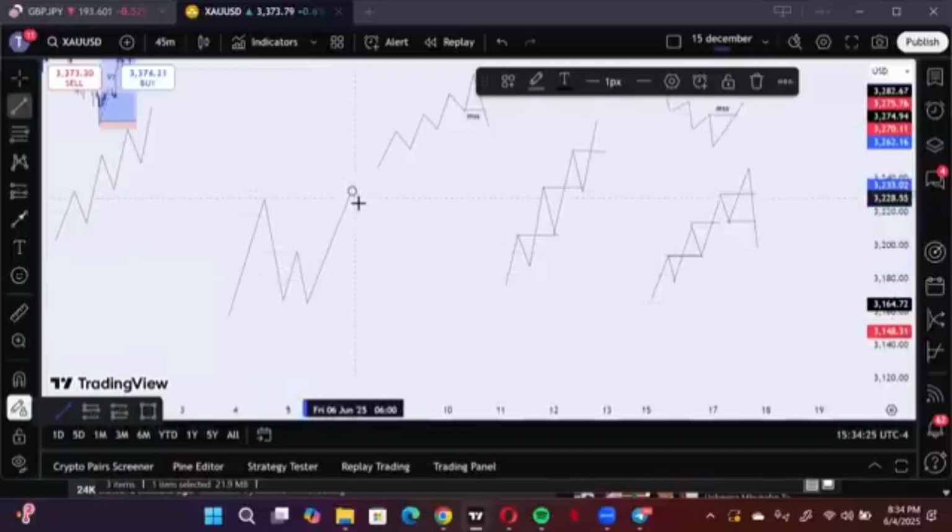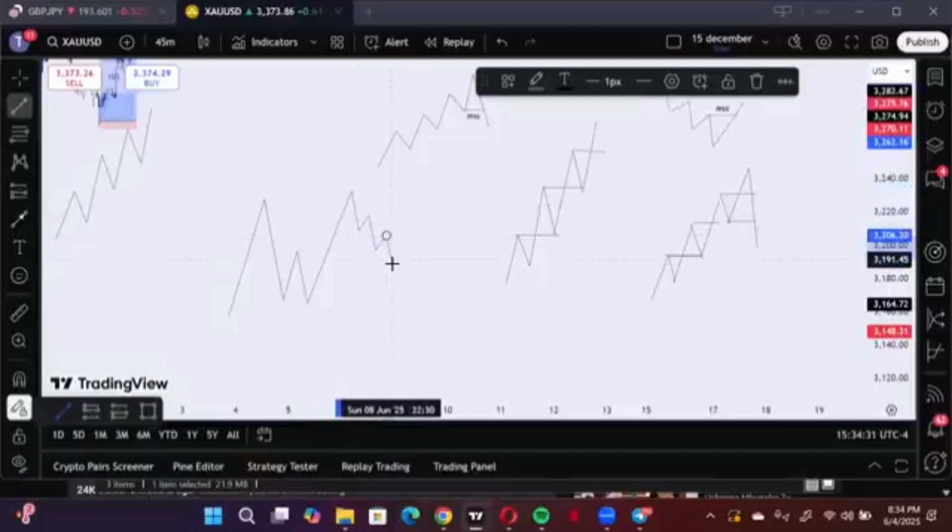So you see lower highs, you see lower lows. All these are single break of structures because it's just taking out one consecutive zone. So when market takes out just one zone, that is what you call a single break of structure.